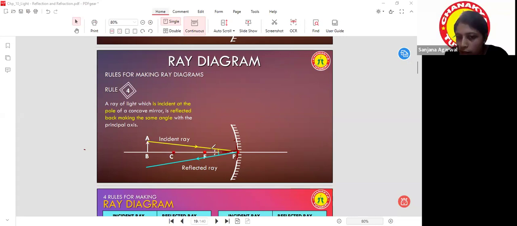So if the ray makes a 45-degree incidence angle with the normal, the angle of reflection will also be 45 degrees. So if it strikes at the pole of the mirror, it will get back making the same angle from the mirror.